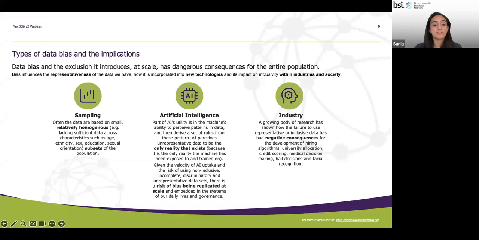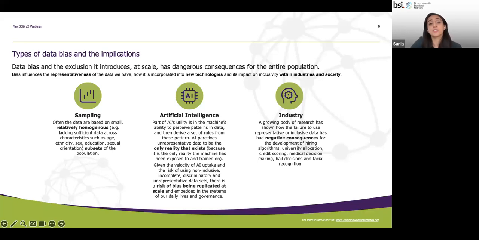So looking at a few specific areas, bias in sampling can occur when you're looking at relatively homogeneous groups or samples and you're lacking sufficient data on diverse audiences, be it across age, ethnicity, region, education, sexual orientation, etc. You've perhaps not included that within the sample, and it's a very specific subset of a population.